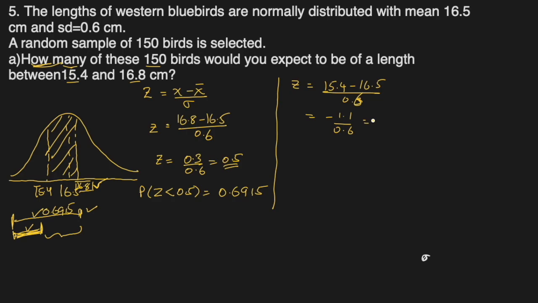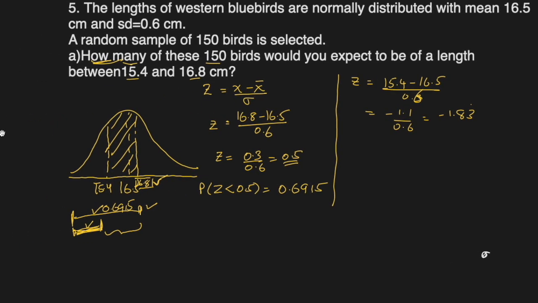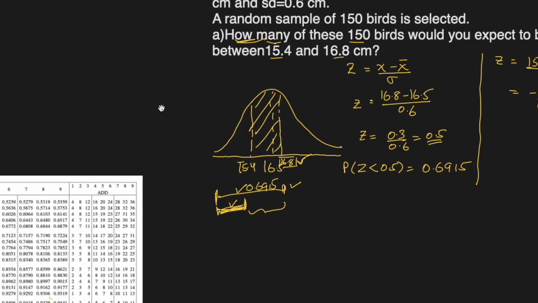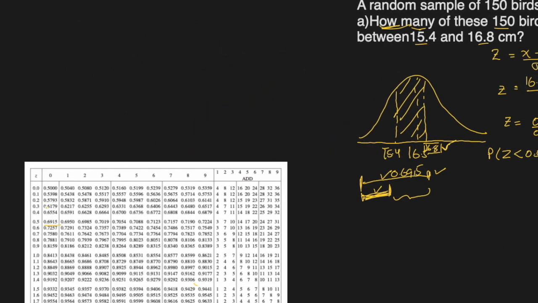That comes out to be 1.8333. So I'll go to my table again and see what is the probability for 1.8333, and I'm ignoring the negative because I'll take care of that later.